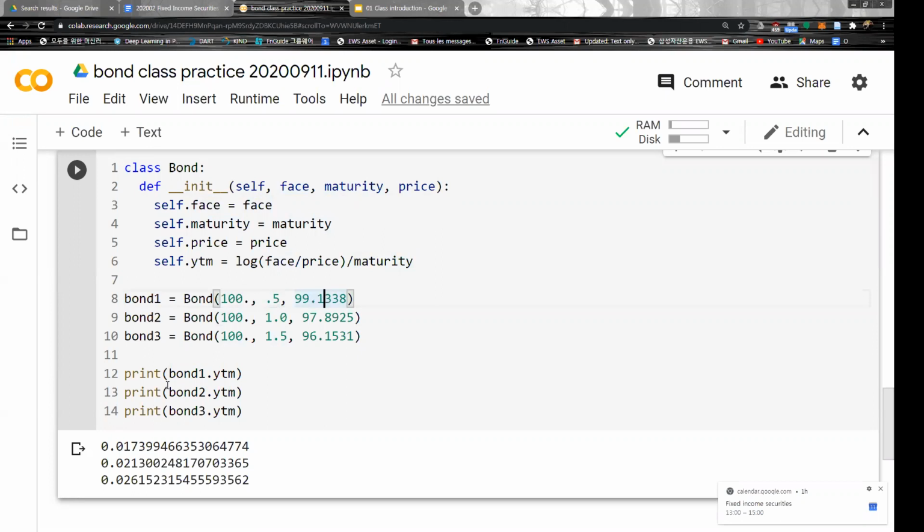And then I want bond 1's yield to maturity, but self here is this bond, so this inputs bond 1. Self yield to maturity calculates this one, so it does this and prints this out. So now we have much cleaner code by using a class, all right? This one is much better, isn't it?